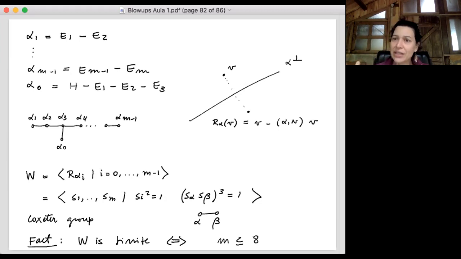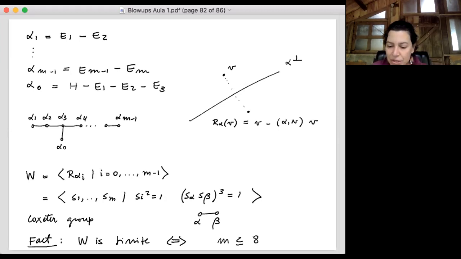So this is what we did in the beginning of the proof. We made a permutation so that a1, a2, and a3 are the smallest ones. And then we did a Cremona transformation. So this would be just a reflection with respect to alpha 0 to create a curve with higher degree. So this is how the infiniteness comes into play in a more explicit way in the proof.